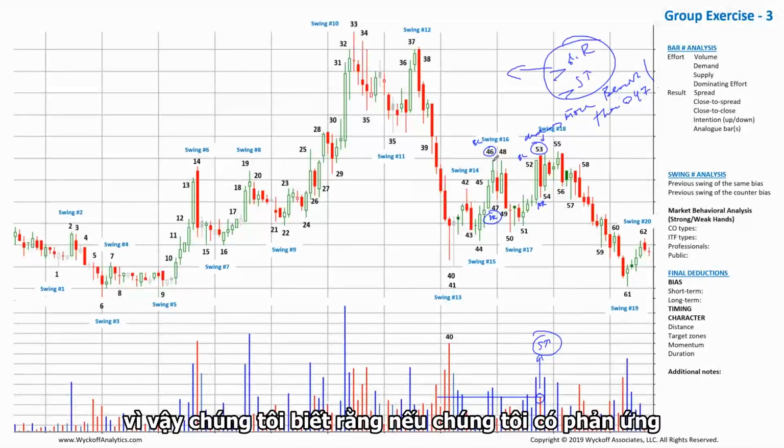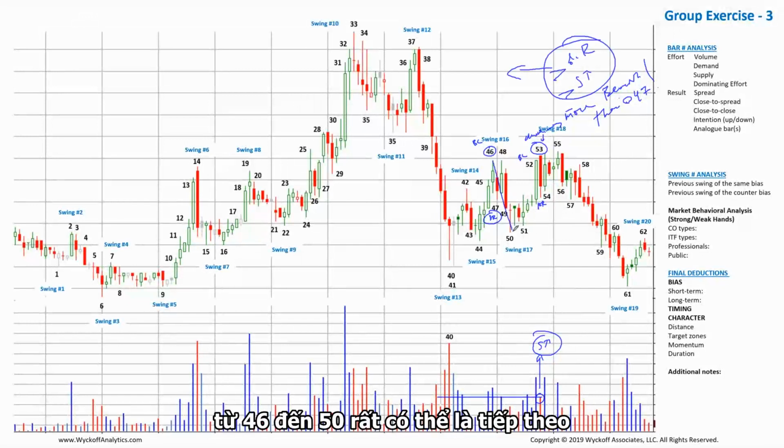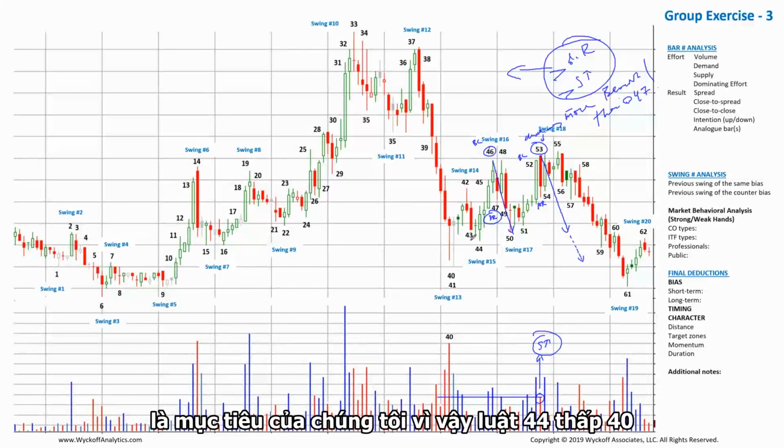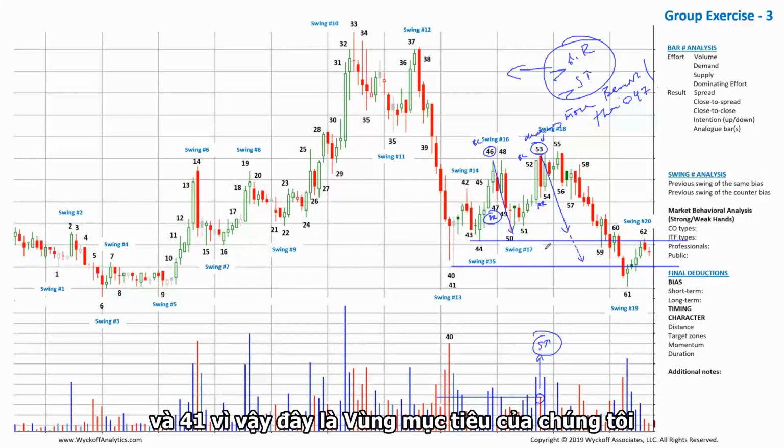So we know that if we had a reaction from 46 to 50, most likely the next reaction that we're going to have is not just going to be to this level. It's probably going to extend. And where would it extend to? Well, what are our targets? So the low of 44, the low of 40 and 41. So this is our target zone.